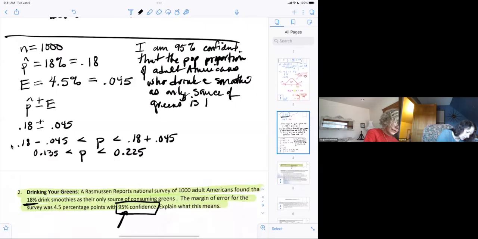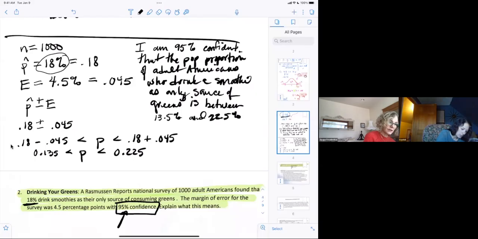is between, and since we were given a percent, we could answer in a percent. So I could say between 13.5% and 22.5%. But if I gave it in percents here, I probably wouldn't use proportion.